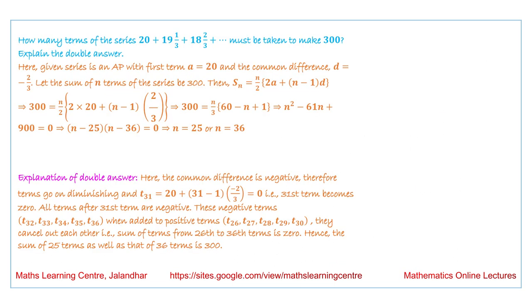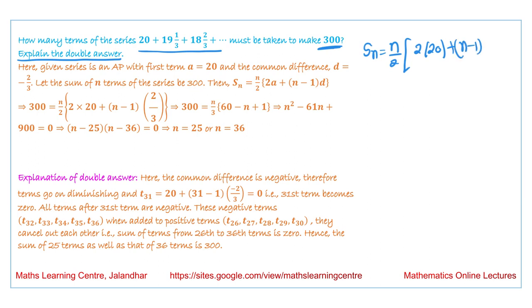Next is, how many terms of the series must be taken to make 300, and we have to explain the double answer. The formula for the sum of the series is Sn equal to n by 2, suppose n terms are there, first term is 20 plus (n − 1).